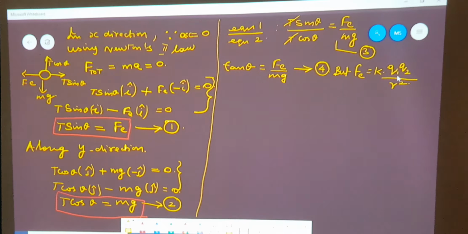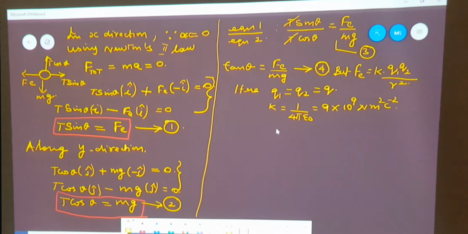Here we know Q1 and Q2. We have studied this, isn't it? Q1 is equal to Q2 is equal to Q. What is K? K is 1 by 4 pi epsilon 0, that is 9 into 10 to the power of 9 Newton meter square per coulomb square.